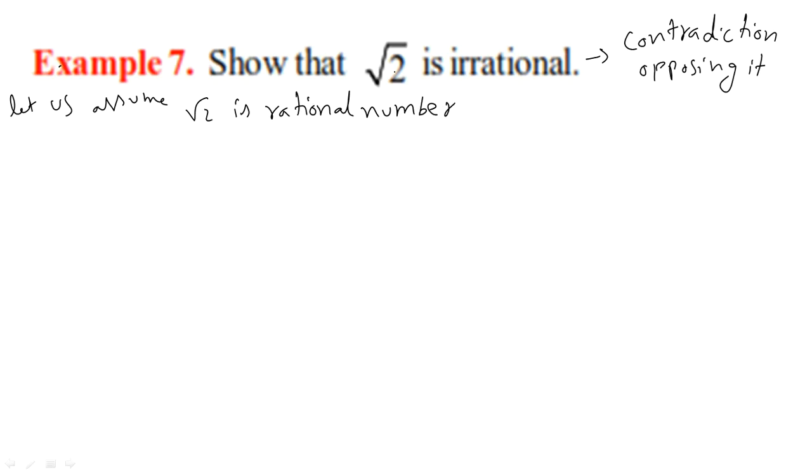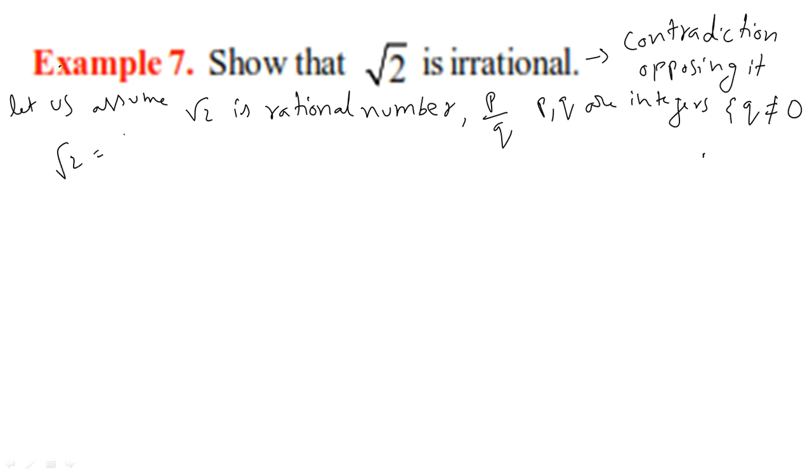Then what is the condition for a rational number? If any number is rational, then it has to be represented in the form of p by q, where p, q are integers and q should not be equal to 0.